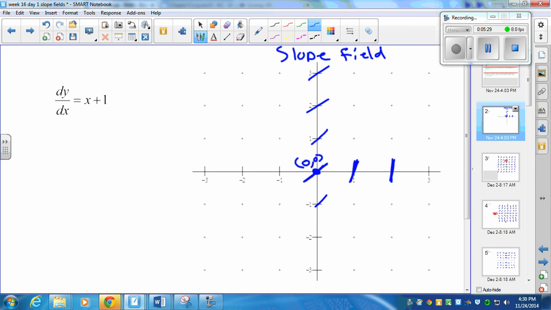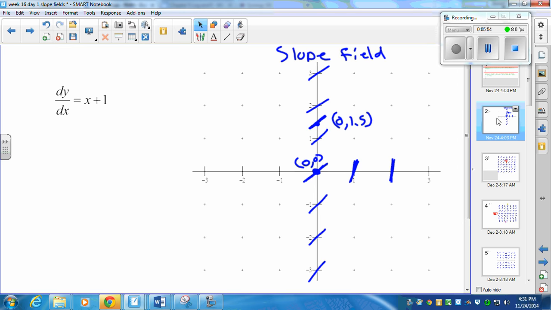And everywhere down here has a slope of 1. Now you might be asking, okay, you're putting them on the tick marks, kind of on the nodes of the grid. Could I put one at 0, 1.5? Yeah, you could. Because you can plug in 0, 1.5 into this little formula, and you still get a 1.